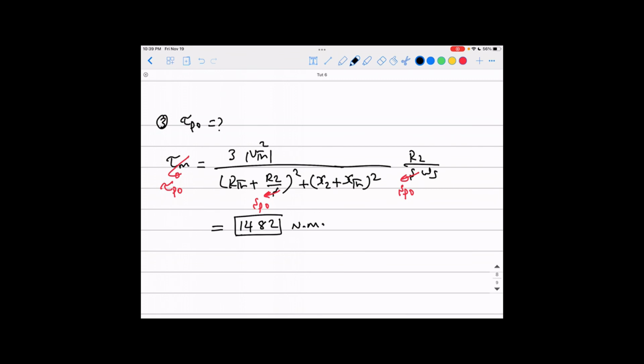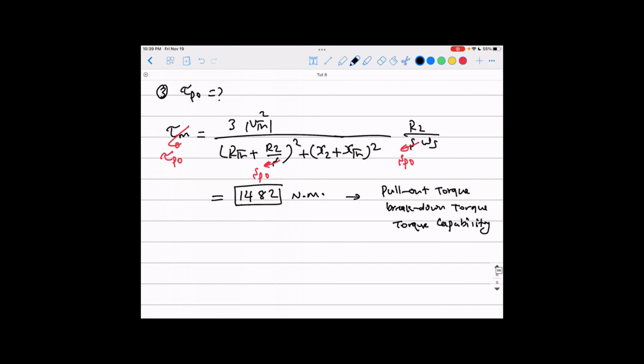That is what we call the pullout torque, or the breakdown torque, or the torque capability, because it gives you how capable your machine is of producing torque. That is also what we call the maximum torque. So they are all names of the same thing here, guys.